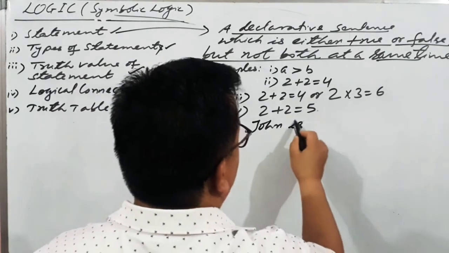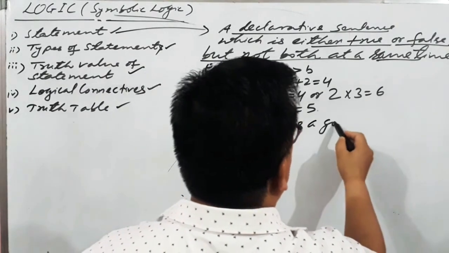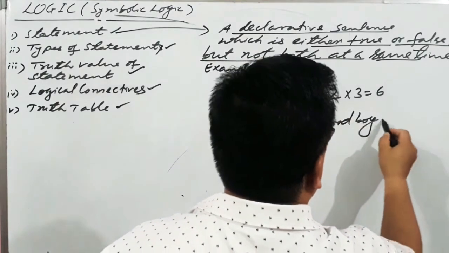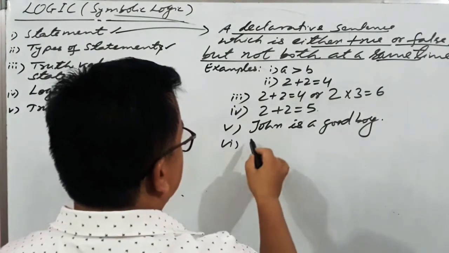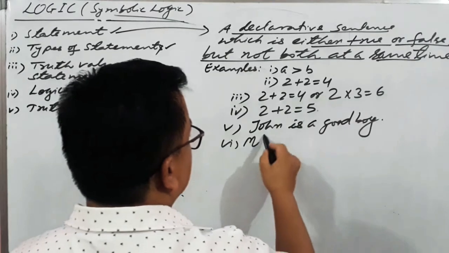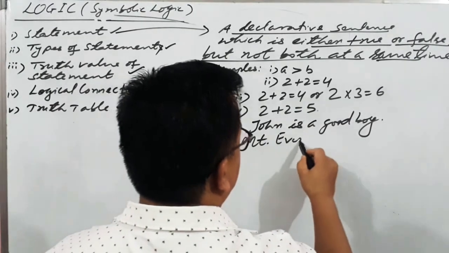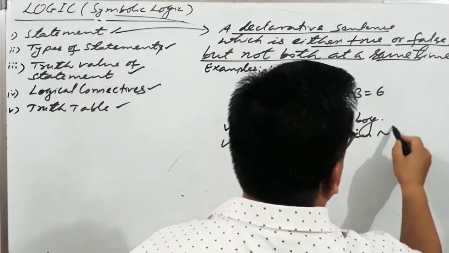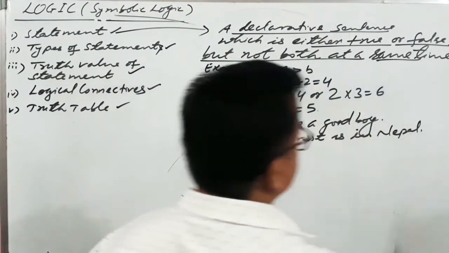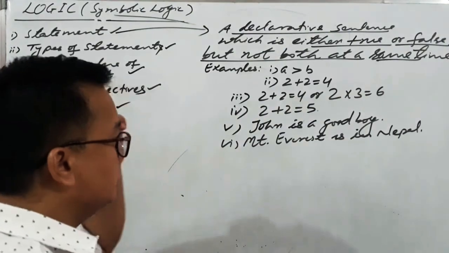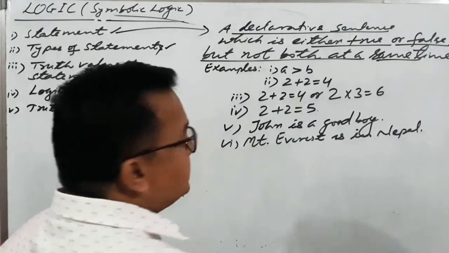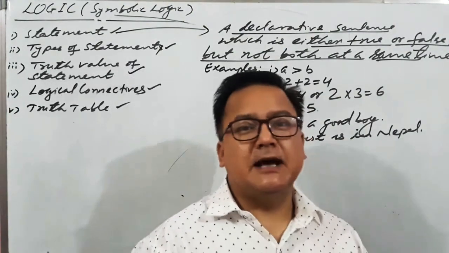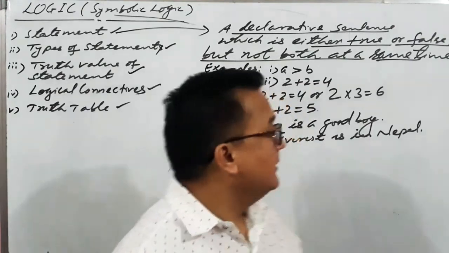And we can write down: John is a good boy. Mount Everest is in Nepal. Like this we can provide many examples for the statement.